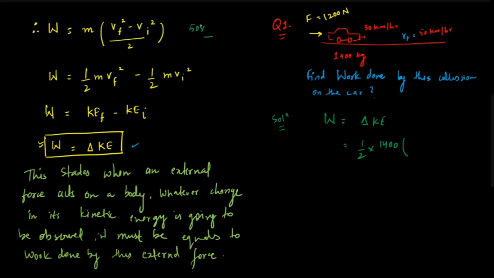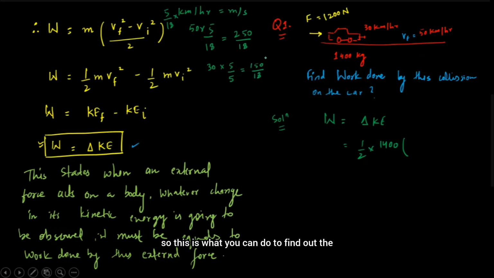Like you must know this thing that kilometers per hour is equal to meters per second if it is multiplied by 5 by 18. So we can simply do that. It is going to be 250 over 18. Similarly, 30 into 5 by 18 as well. So this is what you can do to find out the velocities in meters per second.